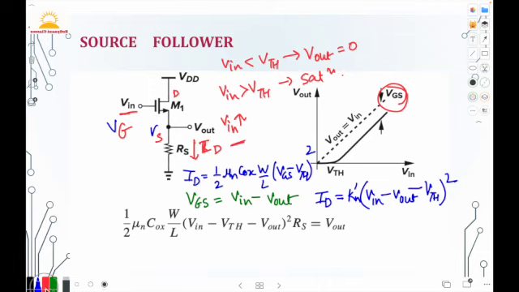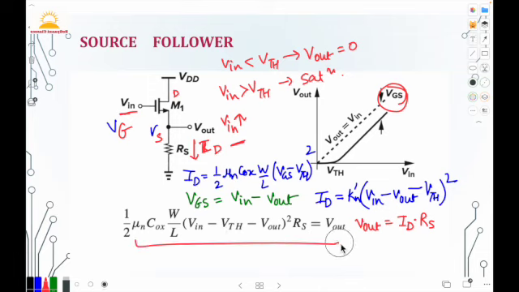Now what is Vout? Here you can see that Vout is given by ID, the drain current, times Rs. This drain current is flowing through the Rs resistor, so Vout is simply their product. Using the drain current equation, we get Kn dash times (Vin minus VTH minus Vout) whole squared times Rs.